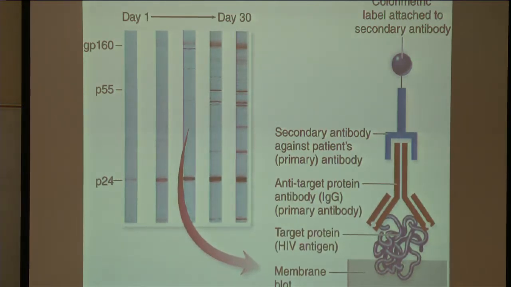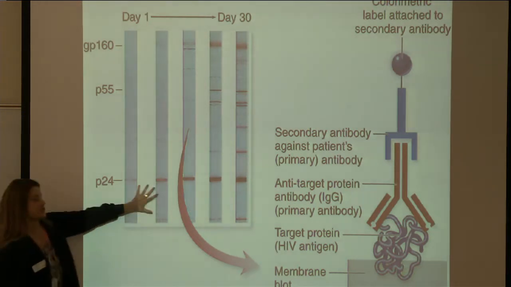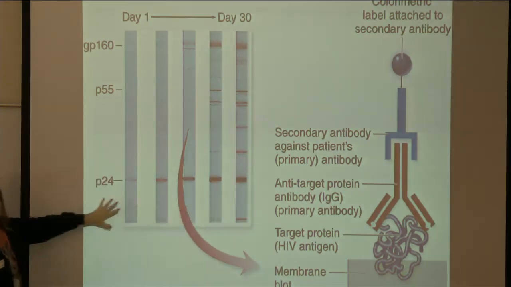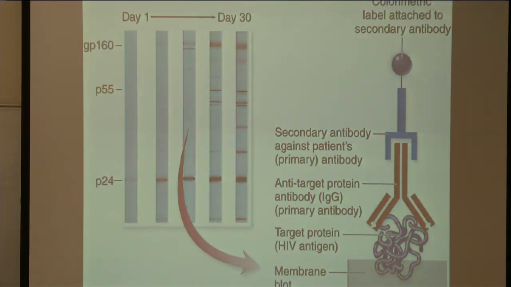Lori, I'm confused. Sure, what's up? I think I'm missing something. If you're blotting it onto paper, then why is it showing up in your gel? Why is the fluorescent? This isn't the actual gel. This is not the physical gel itself. So it's not the gel? No, that's just the paper.